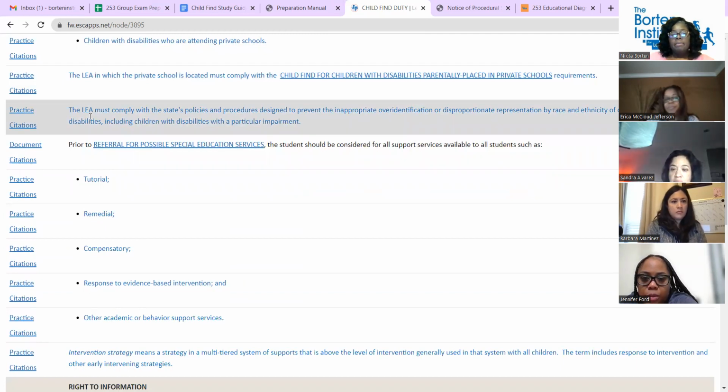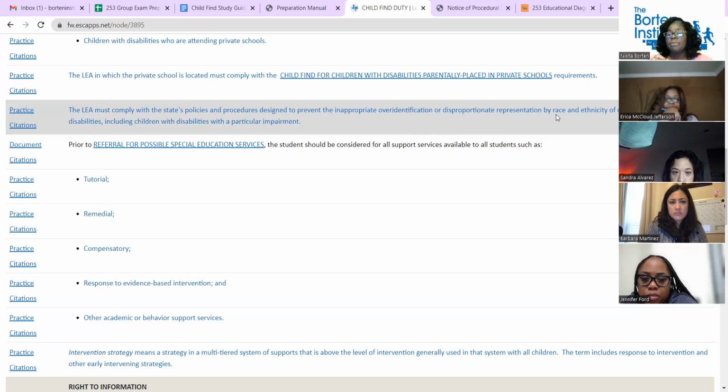Here, the LEA, meaning the school district, must comply with the state's policies. So your school district must follow what Texas's policies and procedures are to prevent over-identification and disproportionality when it comes to race, ethnicity, and students being identified or not identified as special education.